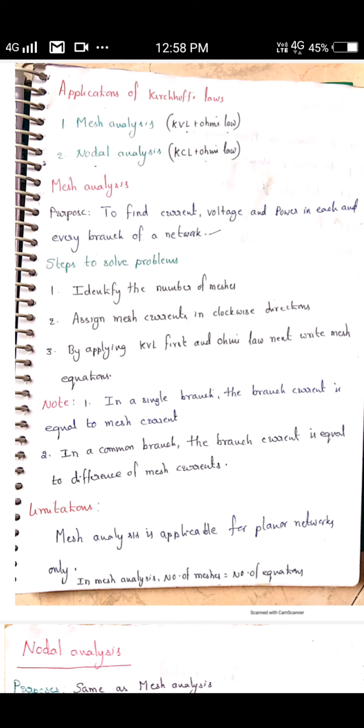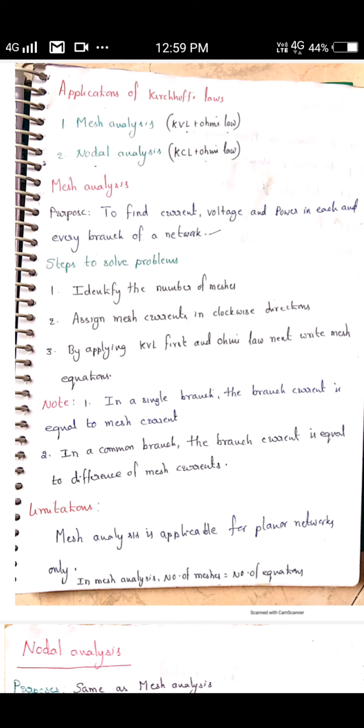Because for pure DC, the frequency is 0. We discussed already that frequency is the number of cycles per second. If you take DC supply characteristics, you won't get a cycle at any time, so the number of cycles is 0. That's why frequency is 0 for DC networks. Hence, for a DC network, mesh and nodal analysis will apply for each and every problem.